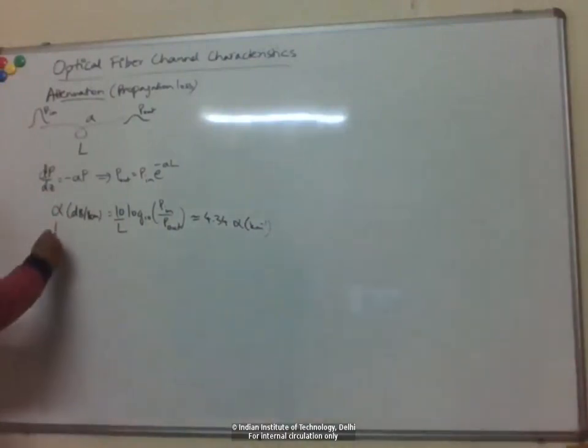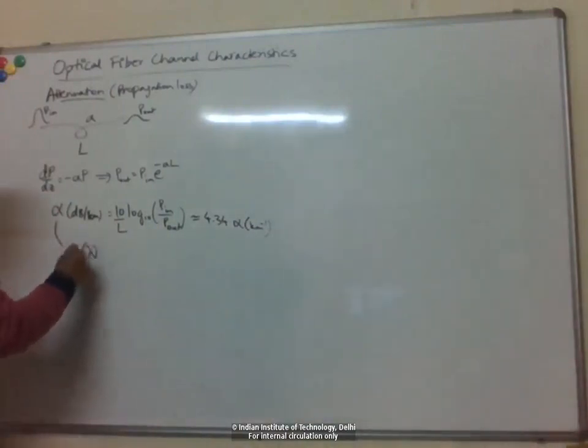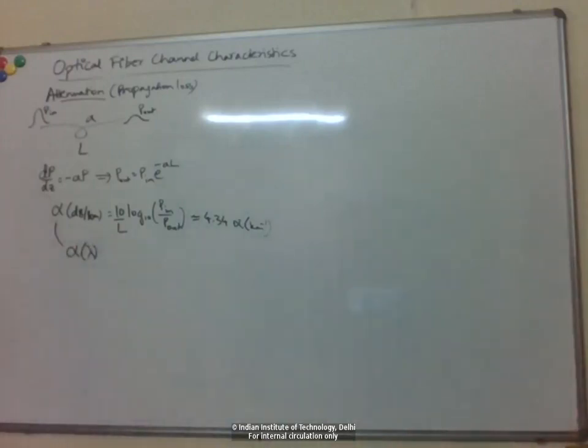This alpha is a function of wavelength, and how it varies with wavelength determines what wavelengths we end up using for optical communication systems.